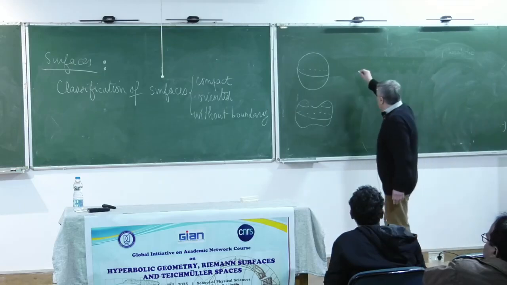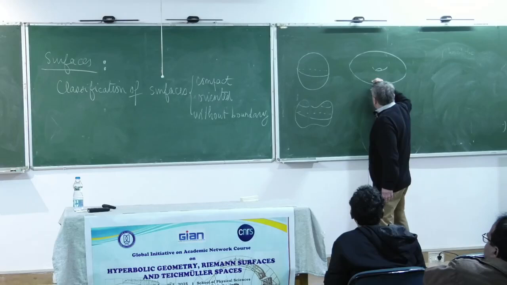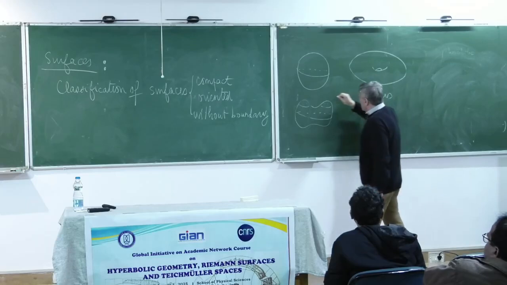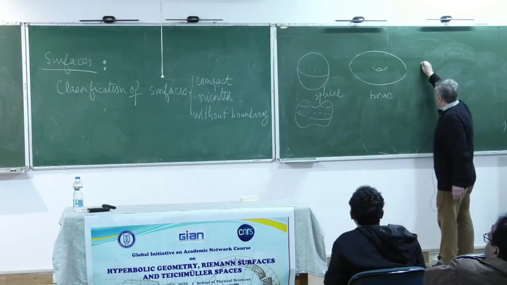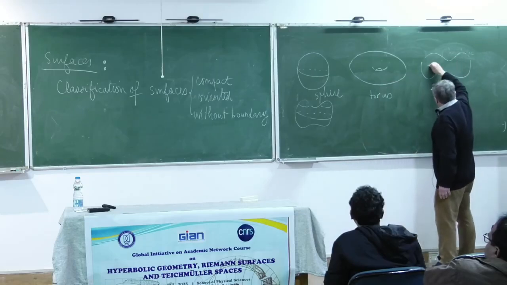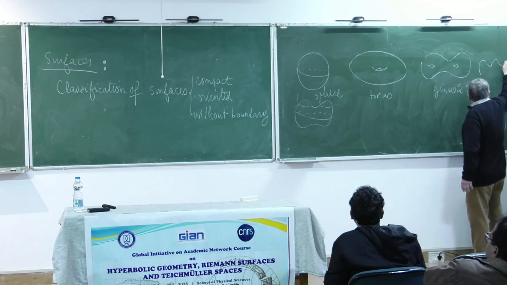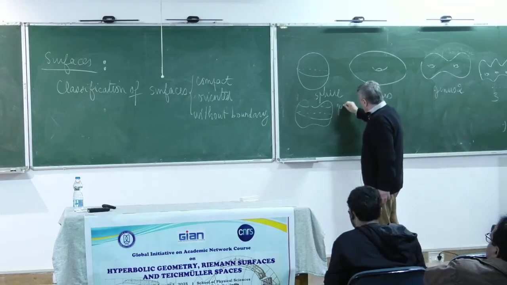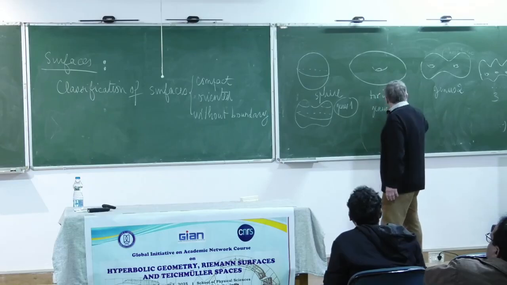So you have the sphere, and then you have the torus, and then you have genus 2, and so on. Genus 3. So this is genus 0, this is genus 1.